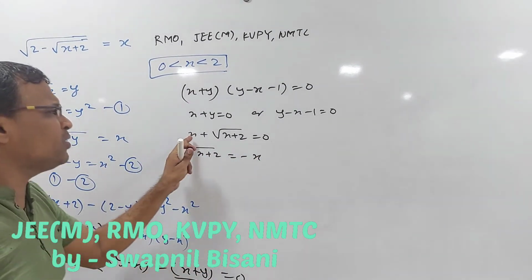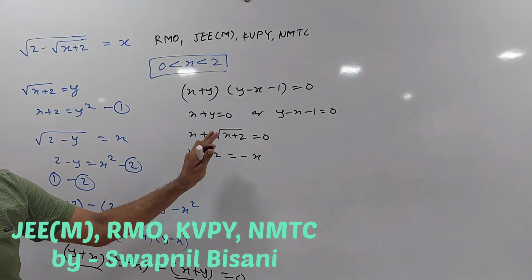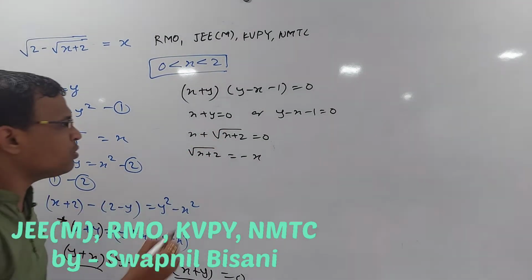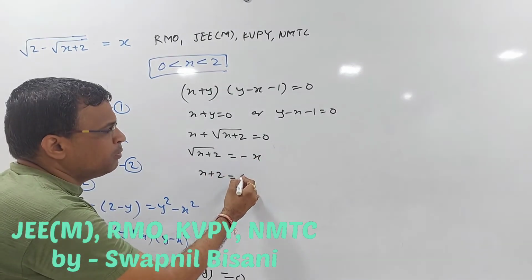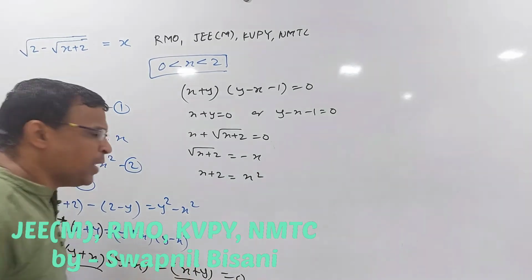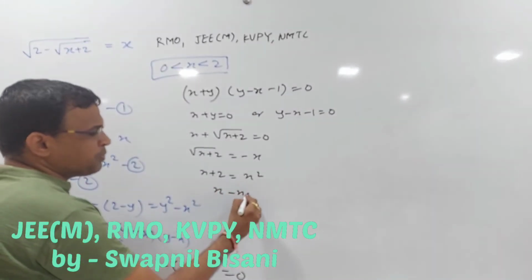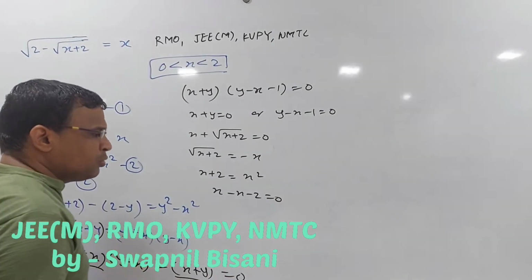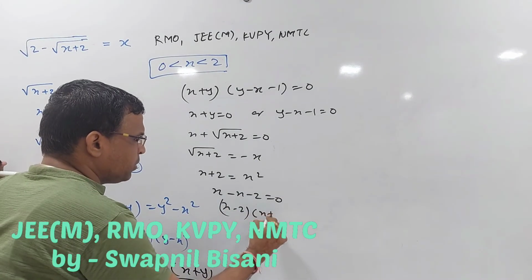First of all, looking at this itself, you can conclude that this is not possible. You can look at this anyway, but we will solve this. Squaring both sides, x plus 2 is equal to x square. Fine. So we can solve this quadratic: x square minus x minus 2 is equal to 0. x minus 2 and x plus 1 is the split we are getting.